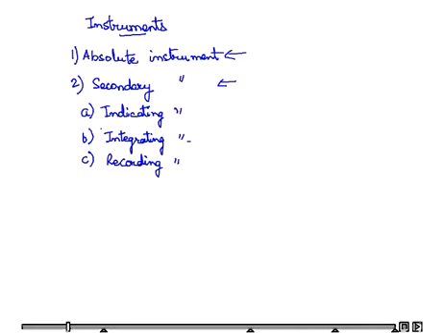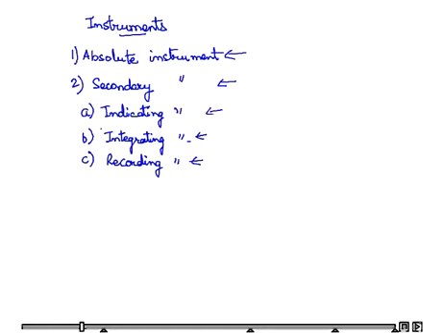Integrating instruments are those which measure the total quantity of electricity or electrical energy supplied over a period of time. And recording instruments are those which keep a continuous record of the variations of the magnitude of an electrical quantity to be observed over a definite period of time.